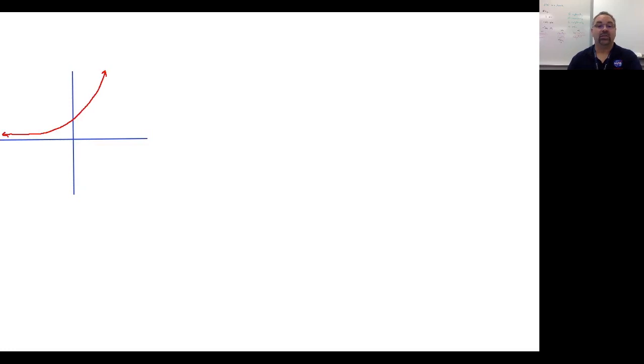Let me grab the blue pen again here. And the thing with exponential functions is they're of a different form. In this case, they have a base number and the input is in the exponent for that base.